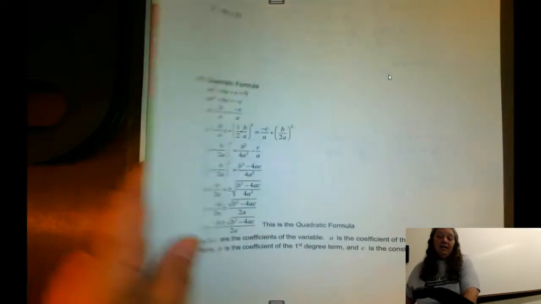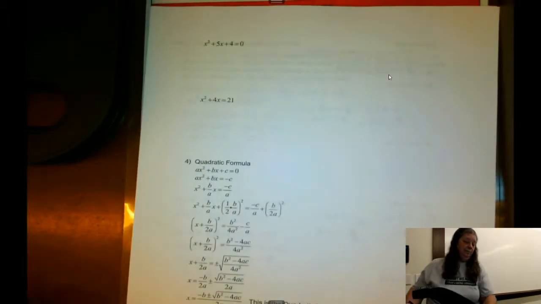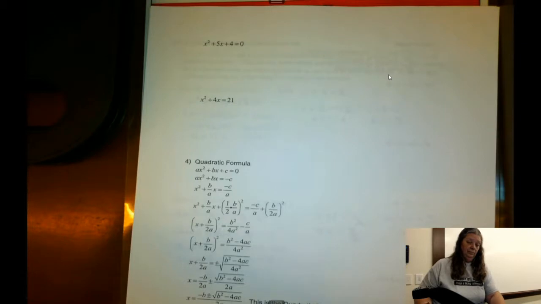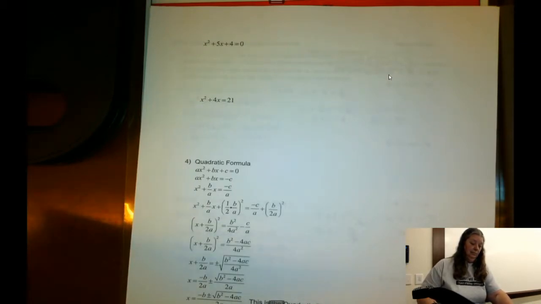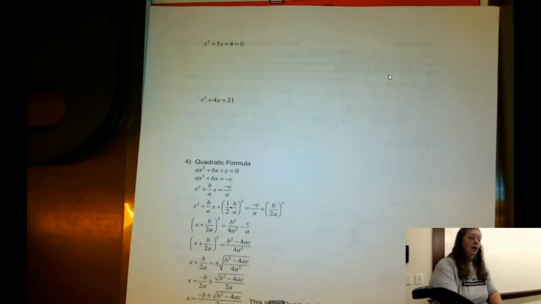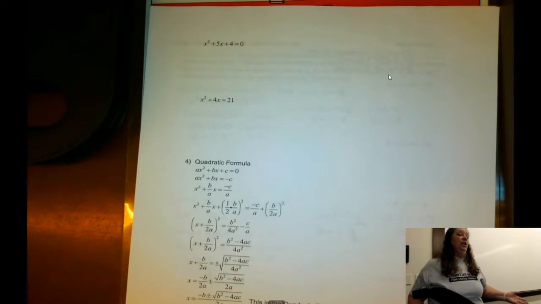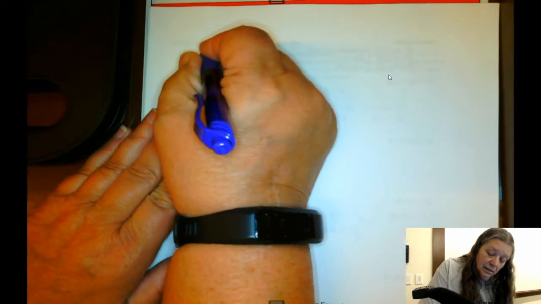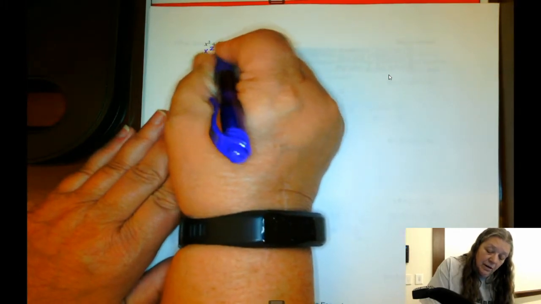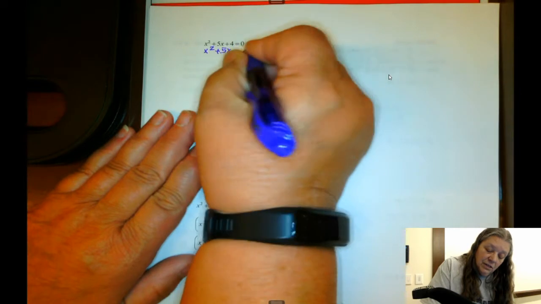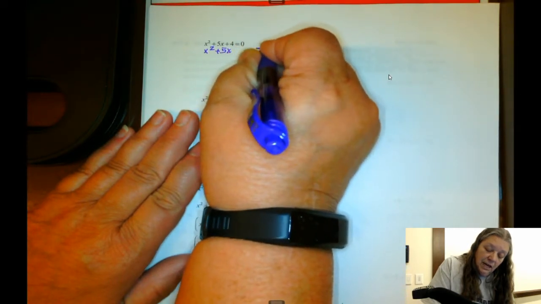So let's apply that to some problems. So first thing we have to do is get the constant term to the other side. So we have x squared plus 5x equals a negative 4.